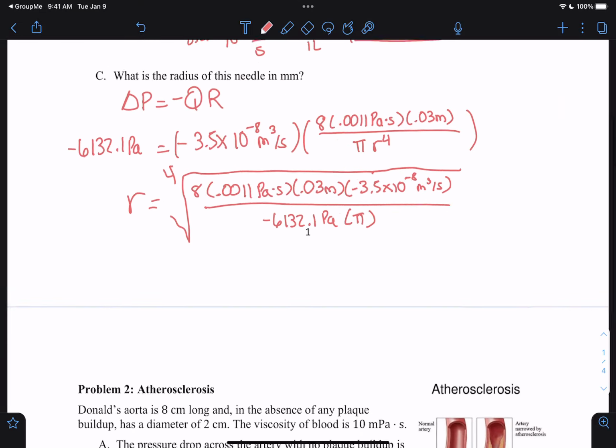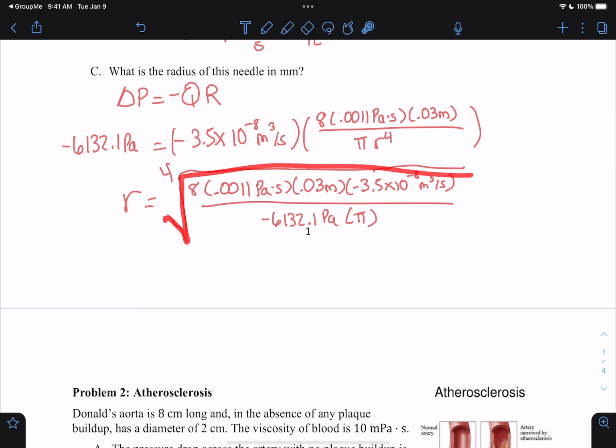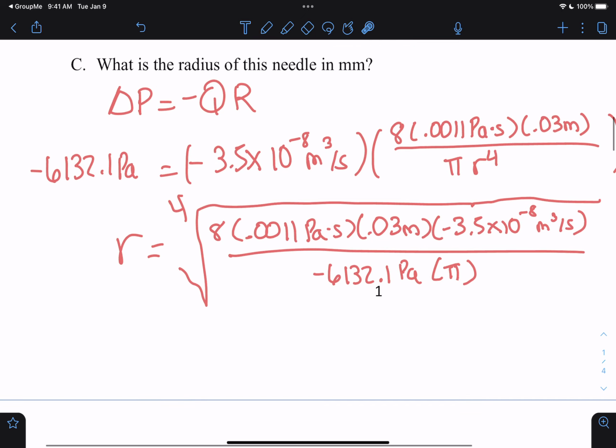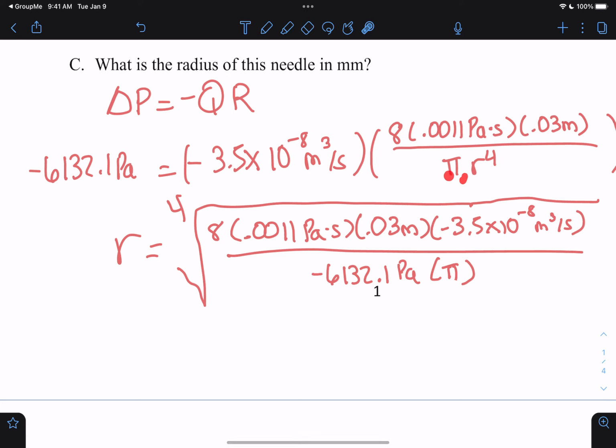That's all under the 4th root. Alternatively, if you're not sure how to plug in the 4th root in your calculator, you can take this whole thing to the power of 1/4. That also works to give you your 4th root. Basically what I did is I multiplied over the r to the 4th to the left-hand side here.